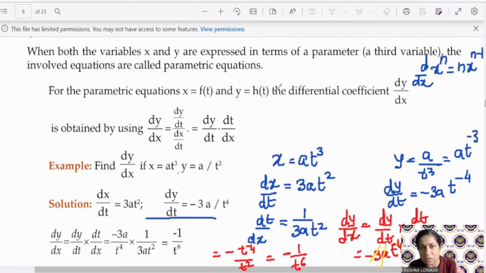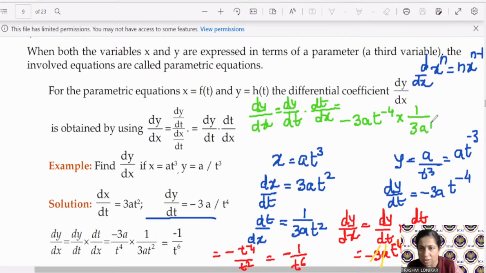Okay, I will just write down dy by dx is equal to dy by dt into dt by dx. How much is dy by dx? This is equal to minus 3a t raised to minus 4 into dt by dx, which is 1 upon 3a t square. So 3 gets cancelled, a gets cancelled, and I'm left with how much?